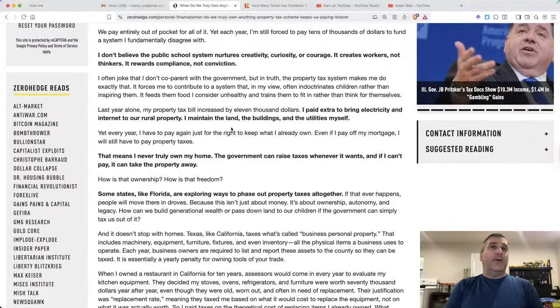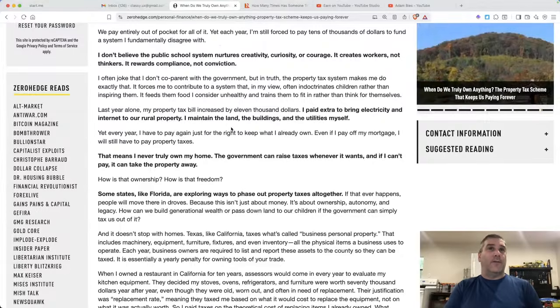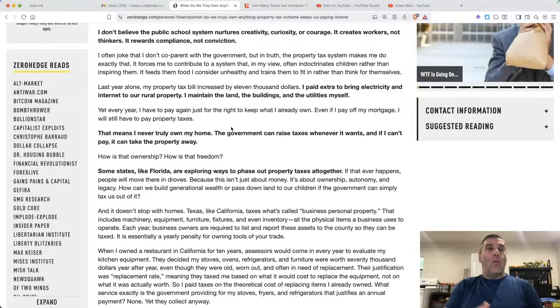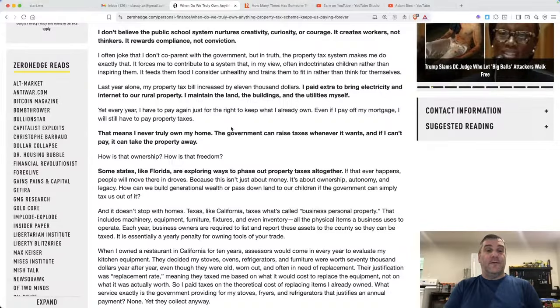I don't believe the public school system nurtures creativity, curiosity, or courage. It creates workers, not thinkers. It rewards compliance, not conviction. Duh. The Rockefeller family did not want people who think for themselves, who are creative, courageous, and curious.